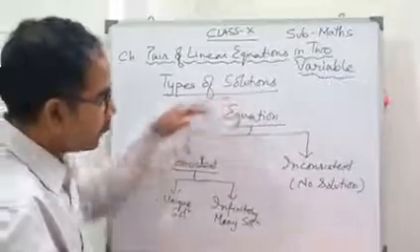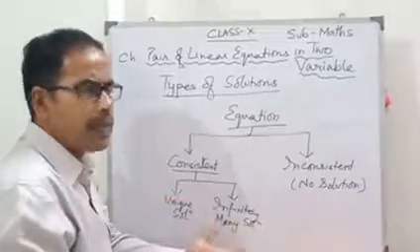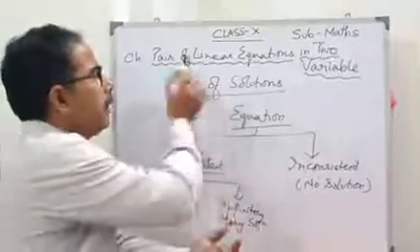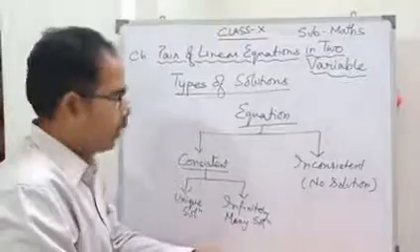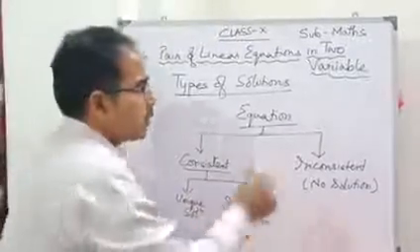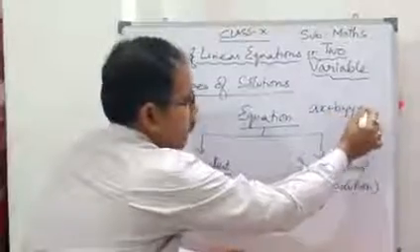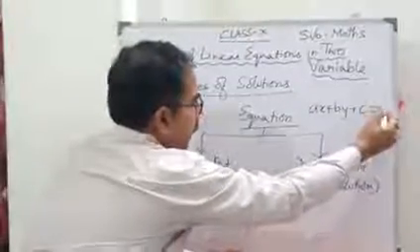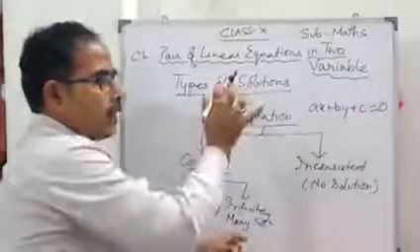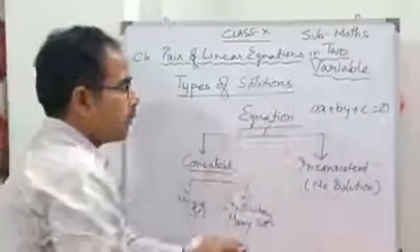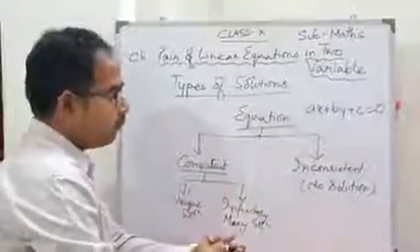First of all, equations have been divided into two parts. Whatever the equations, obviously which type of equations, students? Obviously pair of linear equations, or linear equations of two variables, you will get. Now whatever the linear equations of two variables, suppose ax plus by plus c equal to 0, which is a linear equation of two variables, you will get two different types of equations.